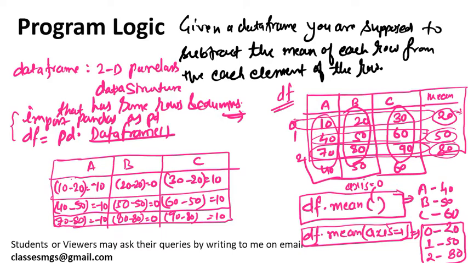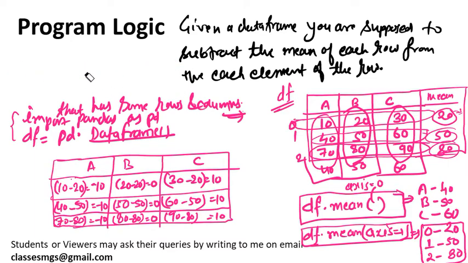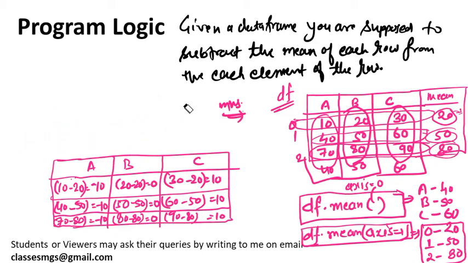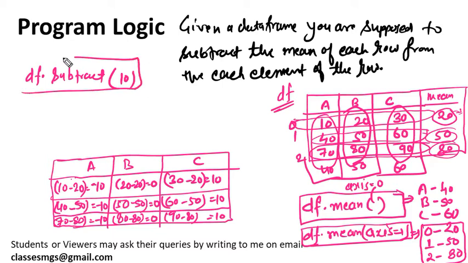So this we can achieve. If you know what the subtract method of the data frame is, then you can very easily solve this problem. The df dot subtract method is basically used to subtract. If you directly pass 10 to the df dot subtract method, then it will subtract 10 from each element.